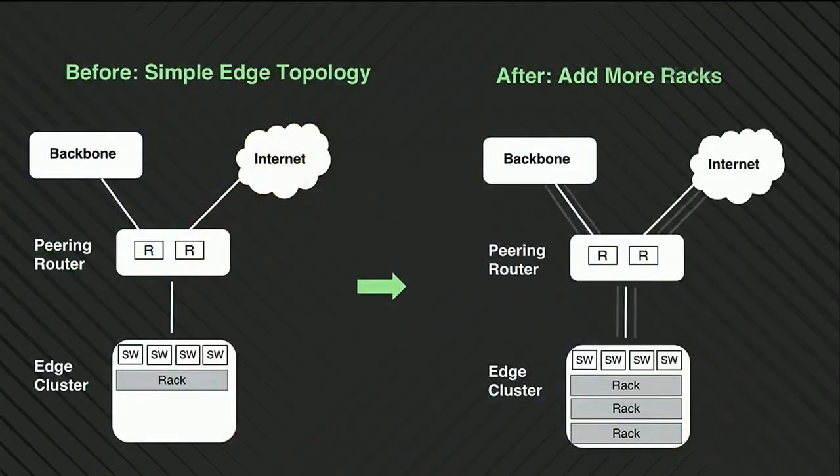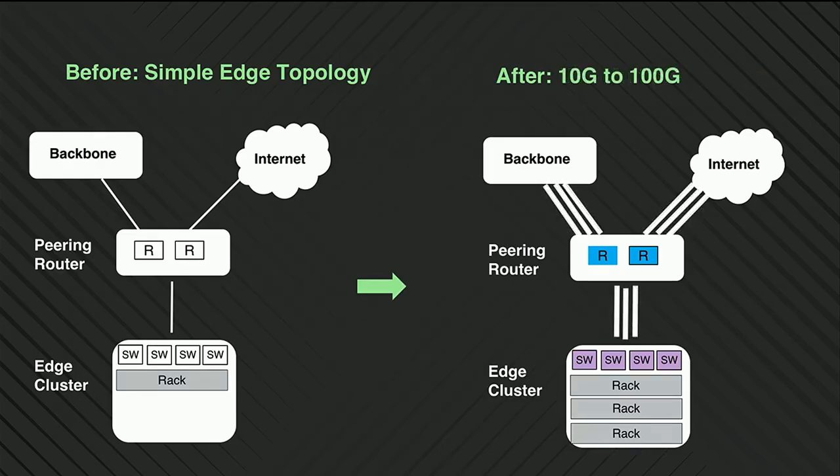So if some region only sees a small traffic growth, then we simply add a few racks to the cluster. If existing links cannot support traffic growth, then we can add more links. Further, if existing device hardware cannot support this many links, then we can upgrade to more powerful devices that could be from a different vendor.